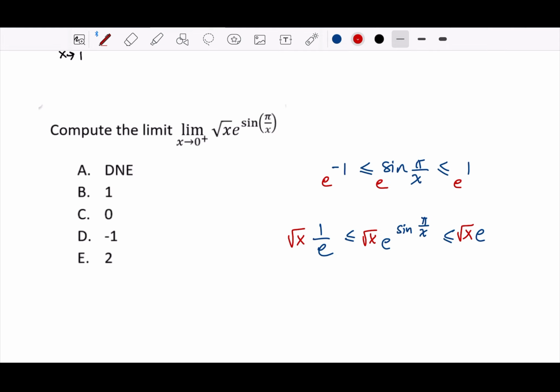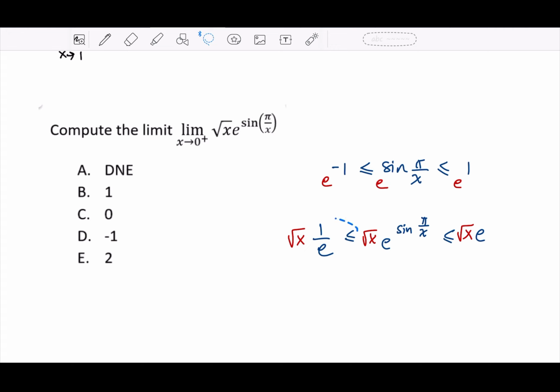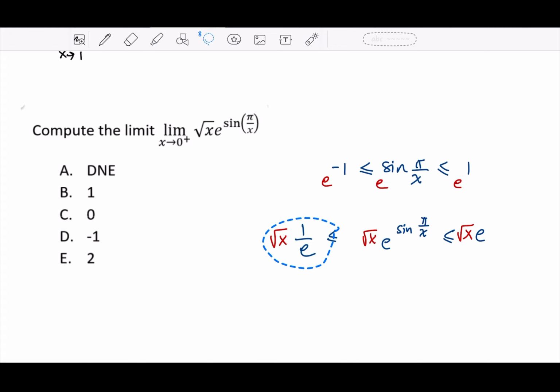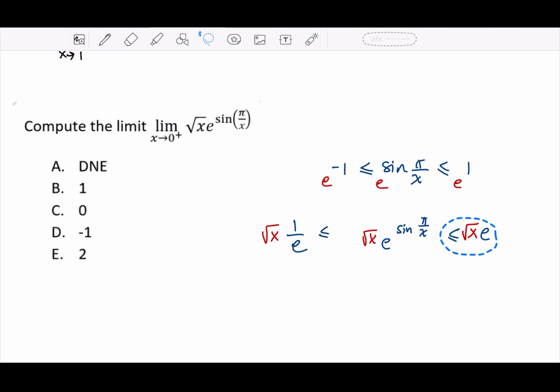Okay, because e is just a number, right? e is just a number, an irrational number, a constant. So let's take the limit.